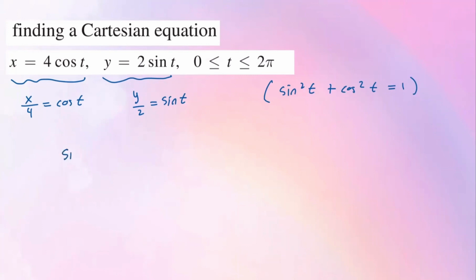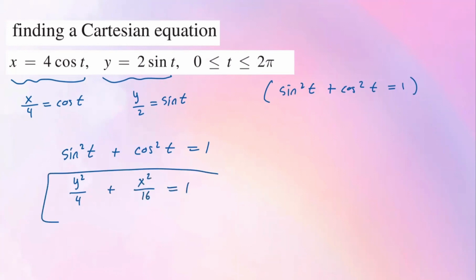So pretty much we can make the substitution. Sine squared of t plus cosine squared of t, we know that is equal to 1. So if we substitute them, we will have y squared over 4 plus x squared over 16 is equal to 1. So that is the Cartesian equation for this particular parametric equations.